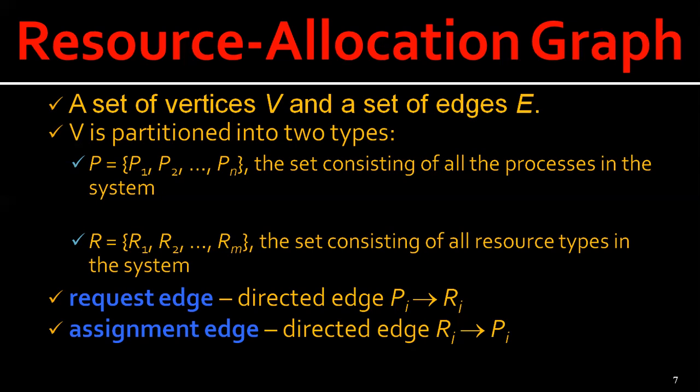If a directed edge from the process Pi to resource type Rj is denoted by Pi to Rj, it signifies that the process Pi has requested an instance of the resource type Rj and is currently waiting for the resource Rj.